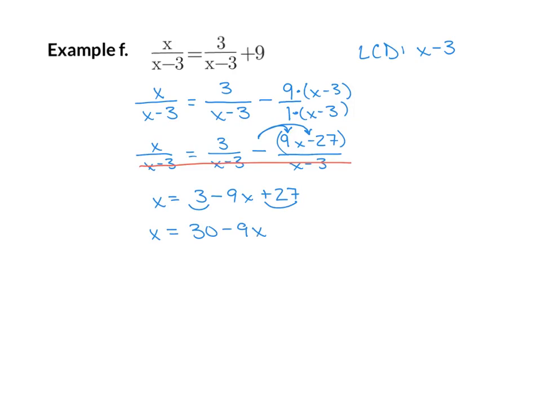This is a linear equation, so I'm going to add 9x to both sides and get all of my variables on the left. All of my constants are already on the right. We get 10x equals 30, and then I can divide by 10. We get x equals 3 for our answer.